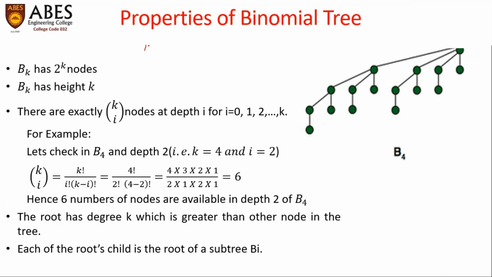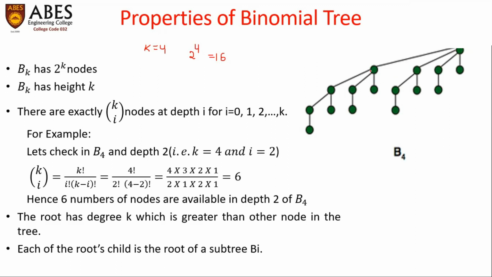So it means the value of k is equal to 4. So we have a total of 2 raised to the power k nodes. 2 raised to the power 4 means 16. So this complete binomial tree should have 16 nodes. Let me check whether there are 16 nodes or not.